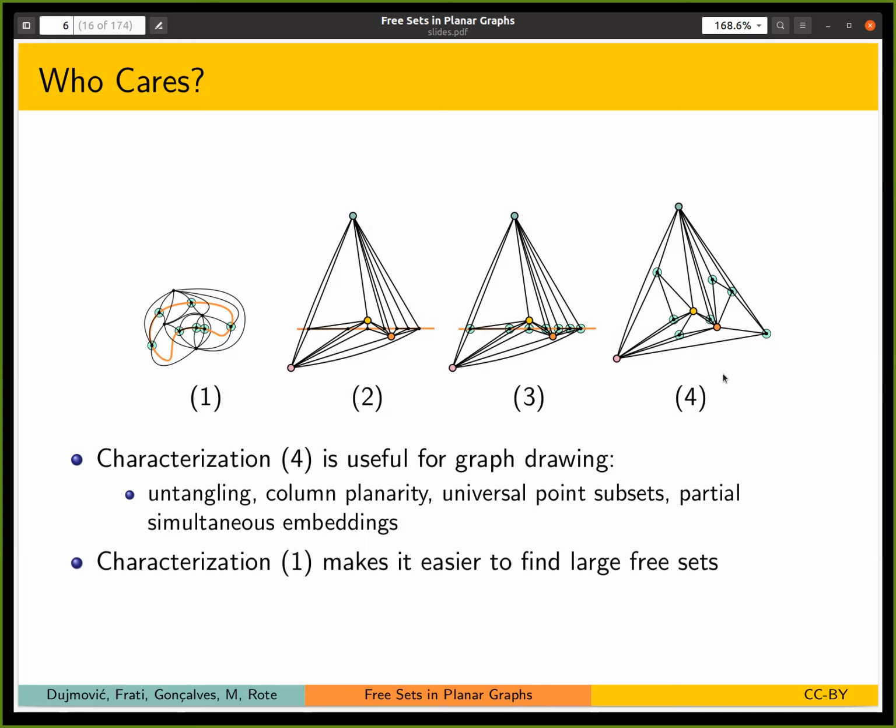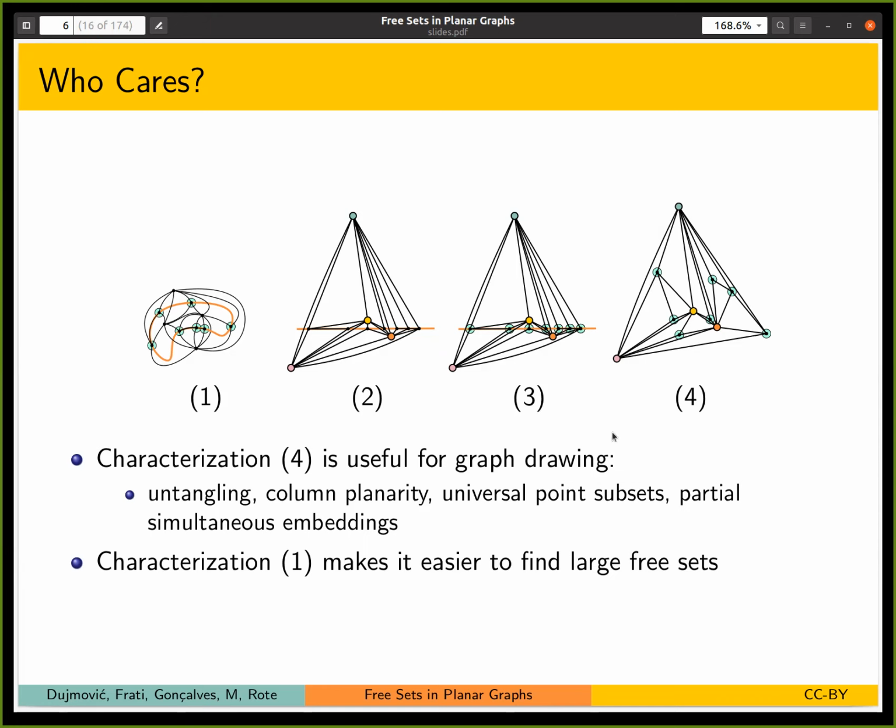So initially, the problem that I studied was untangling, but there are these various models of graph drawing: column planarity, universal point subsets, and partial simultaneous embeddings, where these free sets are just very useful in solving these problems. In fact, these problems sort of reduce to finding large free sets.